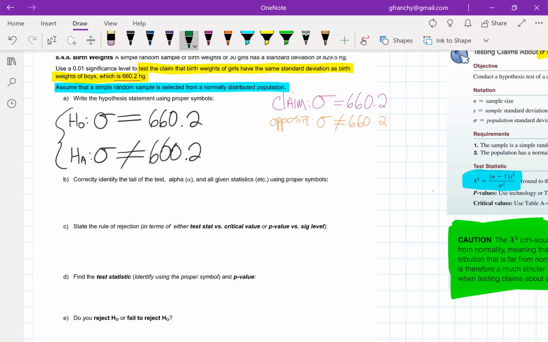So there's our hypothesis statement using proper symbols, but we're going to do a little bit extra here to help us with writing the conclusion.